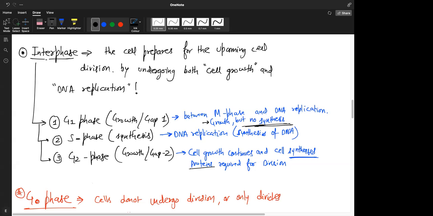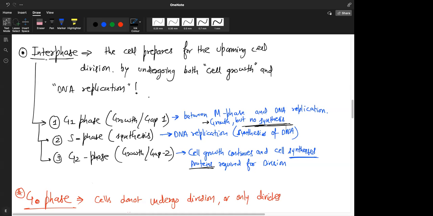Isn't synthesis of protein and RNA synthesis occurring in G1 phase? In G1 phase, some RNA can get synthesized, and the proteins which are normally required for the cell when it is living. So the cell is always synthesizing and breaking down something or the other all the time.